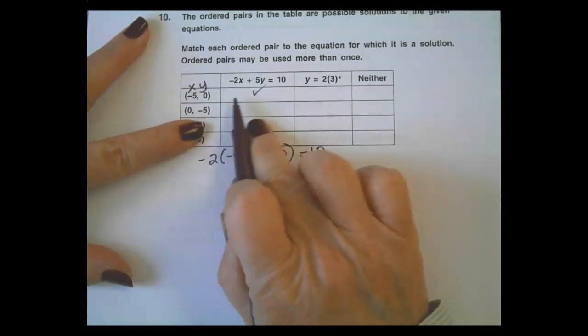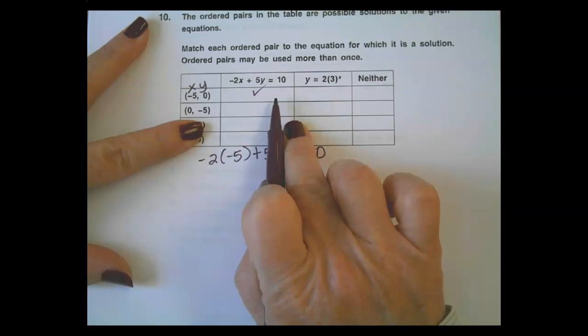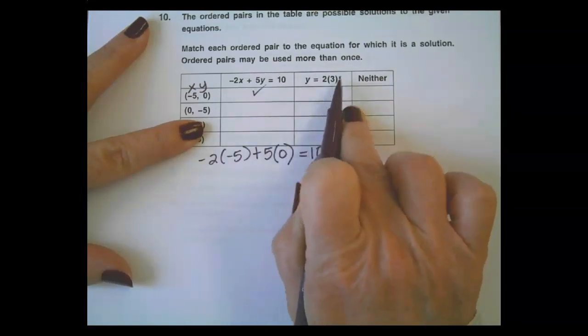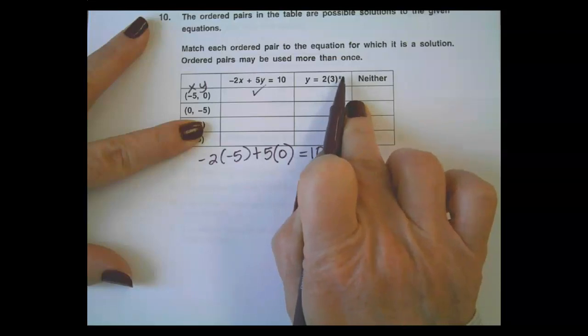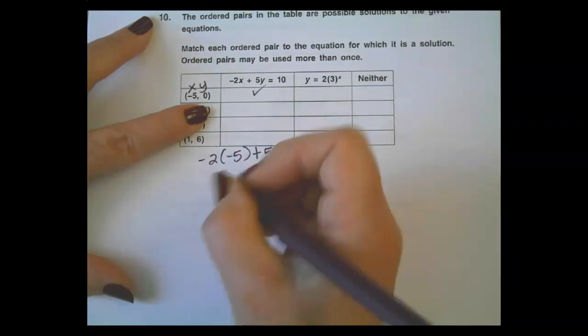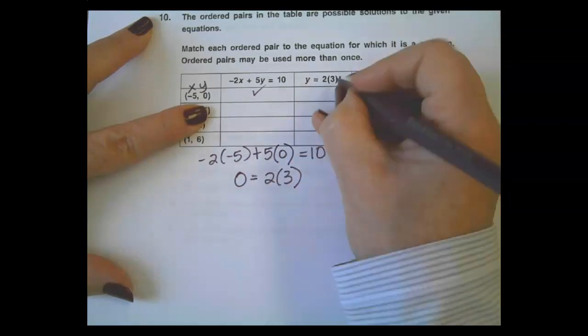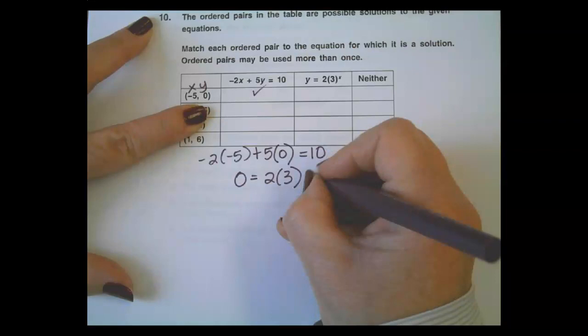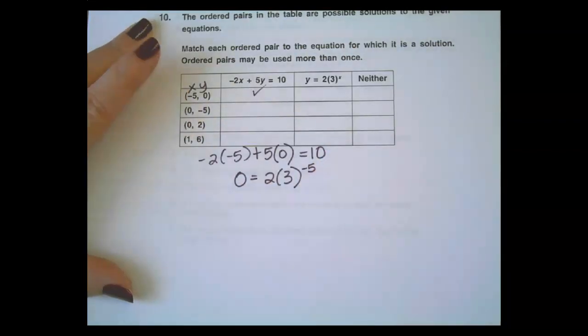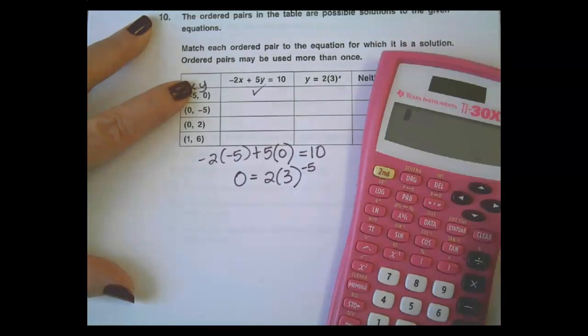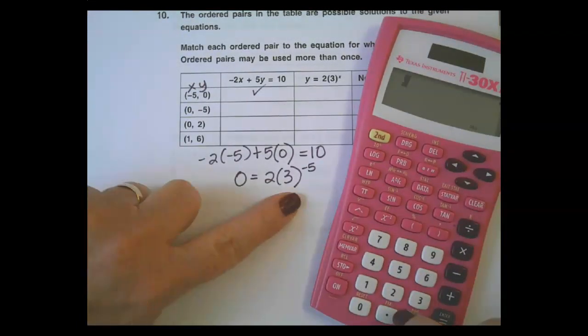Then you try it in here because it may be used more than once. So it could be true here too. This one's different because you see it looking differently. Our y, which is 0, is equal to 2 times 3, and my exponent is my x, which is -5. So in your calculators, you can easily say, is this a true statement?